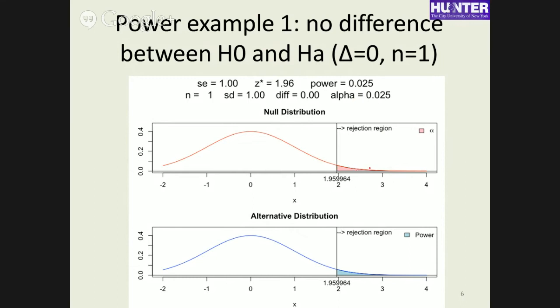So the area under here is 0.025 for an alpha of 0.05. Now, if the null hypothesis is true, then the distribution of the alternative hypothesis is exactly the same, with a mean of 0 and standard deviation of 1. If we assume that this is the true sampling distribution, what's our power, or our probability of rejecting the null hypothesis here?